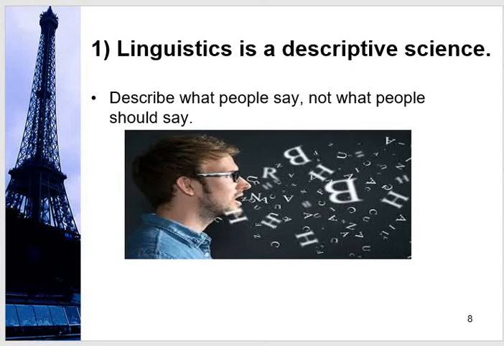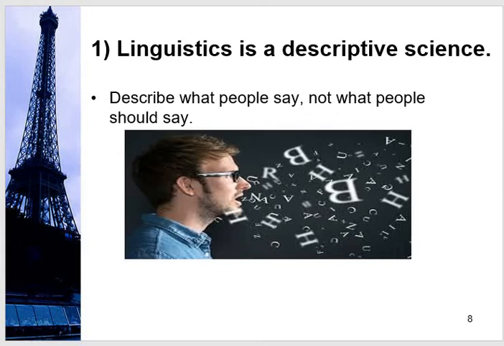Linguistics is a descriptive science. Describe what people say, not what people should say. North American structuralists say, discuss contemporary language, societal language: how people are speaking, which words are being said, how they construct sentences.